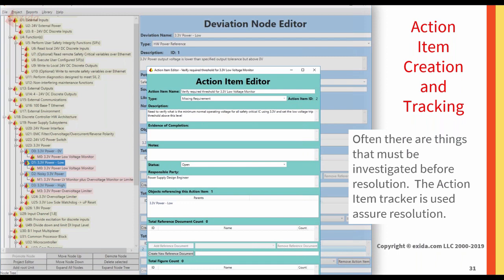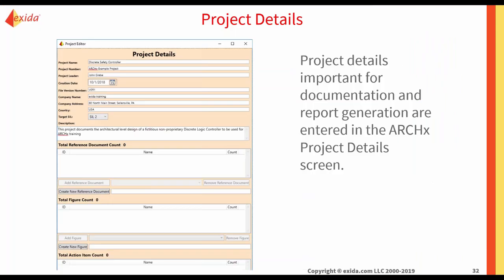For example, we need to verify the minimum operating voltage of all the safety critical ICs using this 3.3 volt supply and set the low voltage trip threshold above this level. We don't know what it is, but somebody's got to check all this and make sure this happens. So that's what action item trackers are all about.